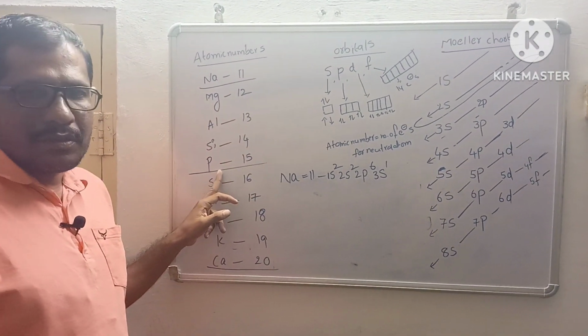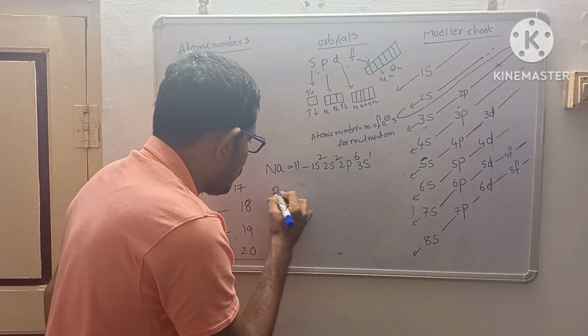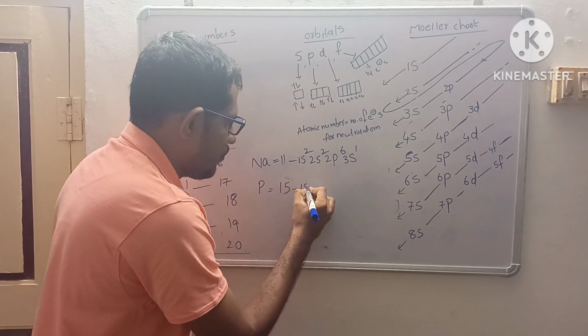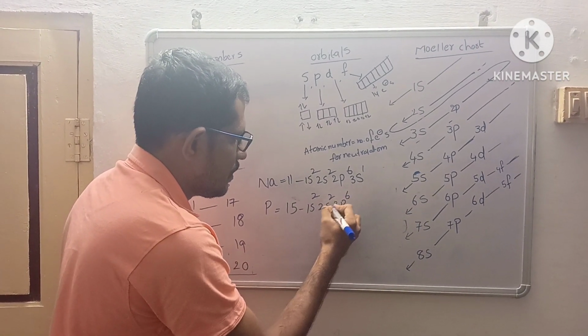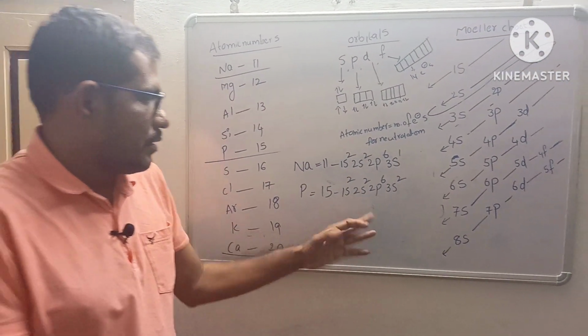After that, I am going to phosphorus. Students, please practice this for 12, 13 and 14. Phosphorus, its atomic number is 15. So as usual, 15 electrons: 1s2, 2s2, 2p6, right? 3s2. Here I want to give a clarification.